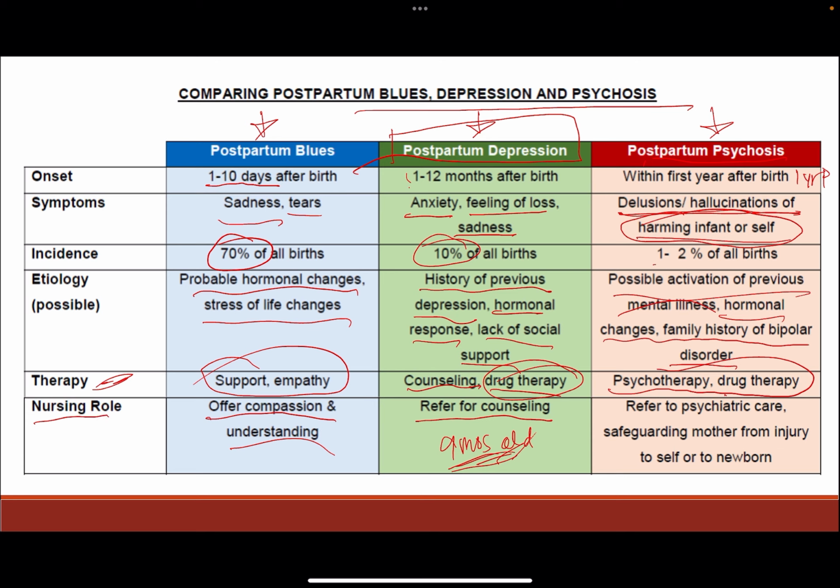Your nursing role is to refer for psychiatric care and safeguard the mother from injury to self or to the newborn. So that news, I think, falls under both. We don't know the assessment or history of the mother, but in the news, she has a 9-year-old and a 2-year-old, and she killed them.